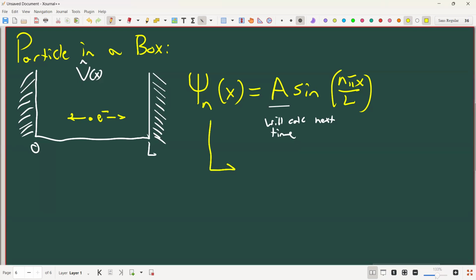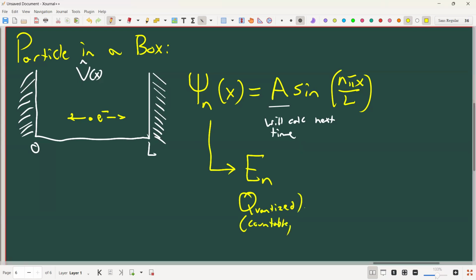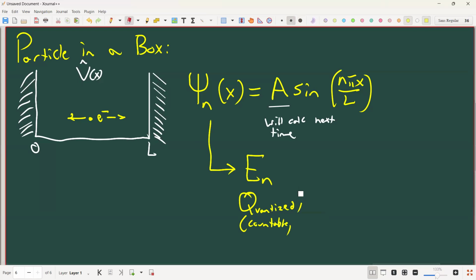And these have energies, what we call quantized, which means that they're numbered, countable. I'm sorry, that was wrong. Quantized, and this means countable, discrete, which means gaps exist.